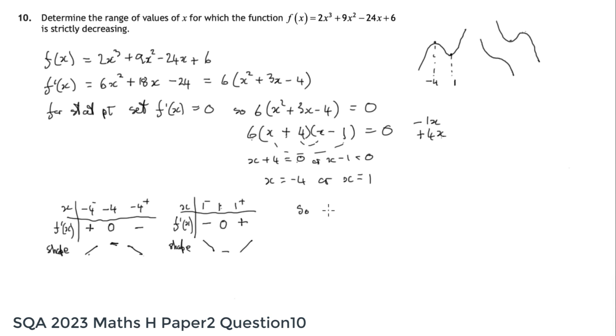So f of x is strictly decreasing for x lying between negative 4 and 1. Now we cannot have equal signs there, otherwise it's stationary when x is negative 4 and it's stationary when x is 1, and that's certainly not decreasing. So that's the required range of values.